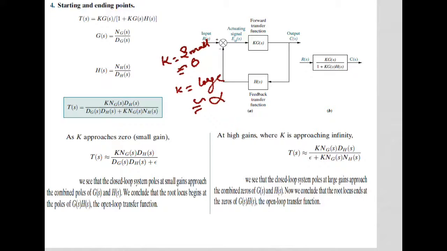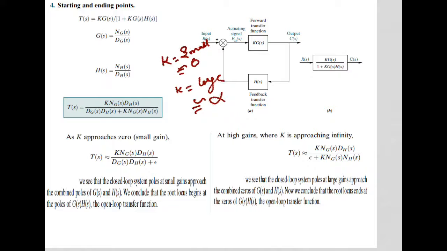As k approaches infinity, this term is the numerator of G(s) and H(s). So the closed loop poles at large gain approach the combined zeros of G(s) and H(s).